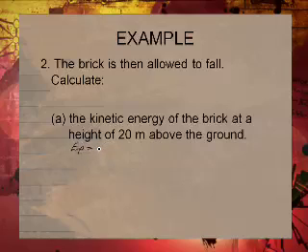EP at 20 meters above the ground will be mass times G times H. So you'll have 5 times 9.8 times 20. And what is that? That is 5 times 9.8 times 20, and then the EP at that point is 980 joules.